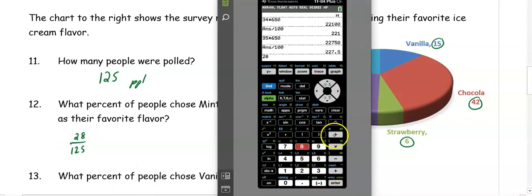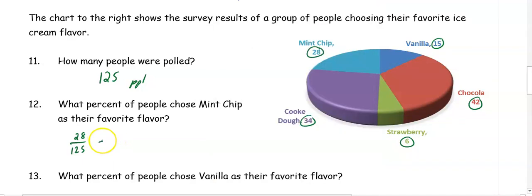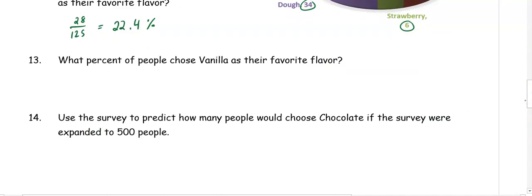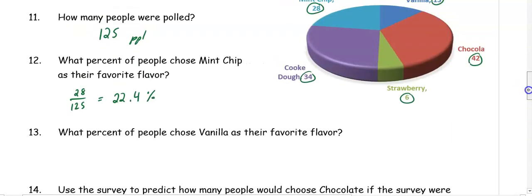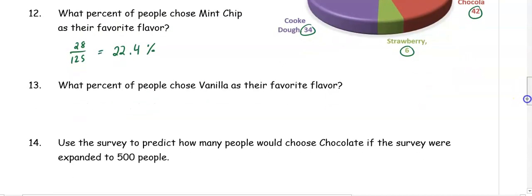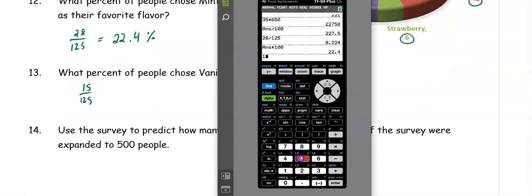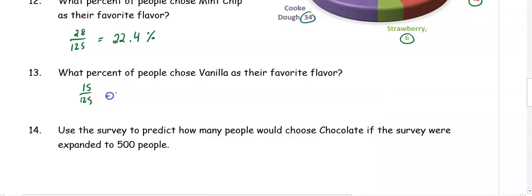So in our calculator, 28 divided by 125. Remember, you can move the decimal place over or multiply by 100. So this would get us 22.4%. Number 13, what percent chose vanilla as their favorite flavor? So vanilla was 15 people out of 125. 15 divided by 125 times 100 would get us 12%.